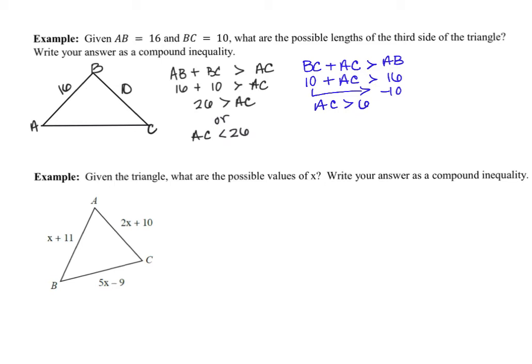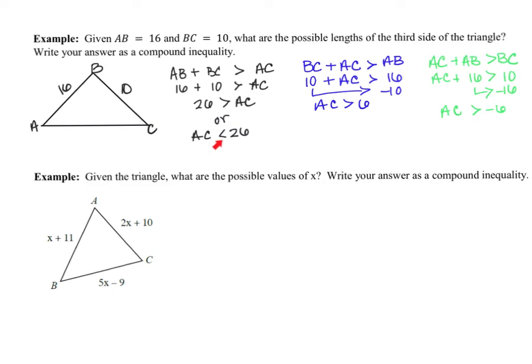Our last option is to do AC plus AB is greater than BC. So AC is the one I don't know. AB is 16, and that has to be greater than BC, which is 10. To solve for AC, we would subtract the 16, so we get AC is greater than negative 6.